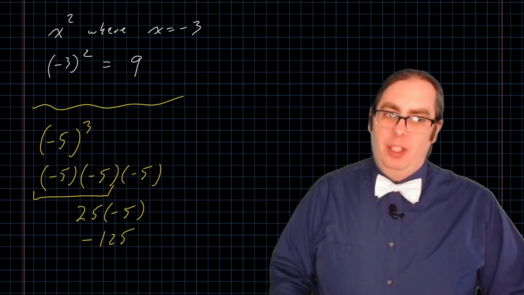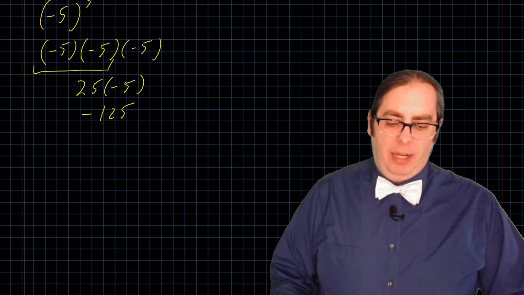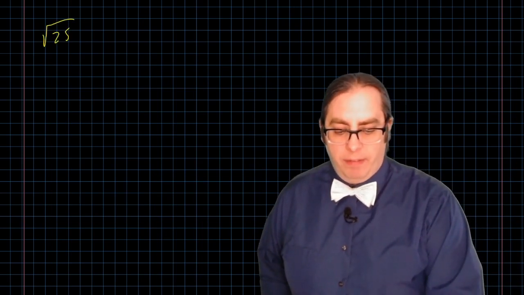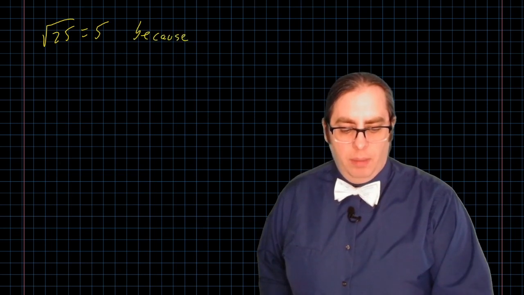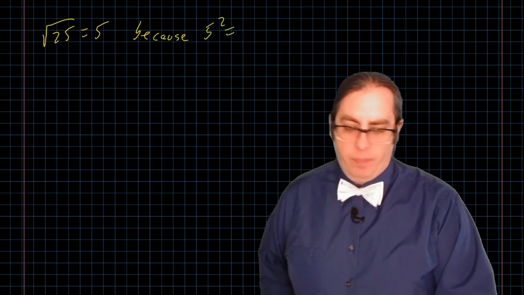One last thing on this topic before I wrap up here. Kind of an interesting thing that showed up. Well, we established earlier, the square root of 25 is 5, because 5 squared is 25.